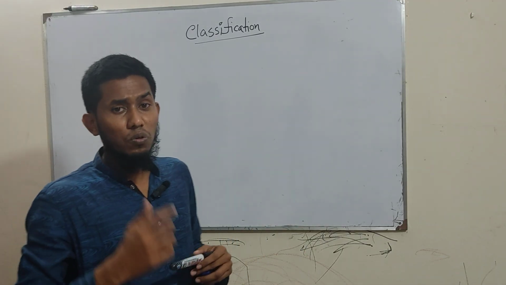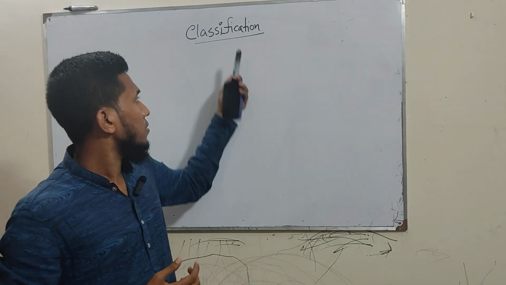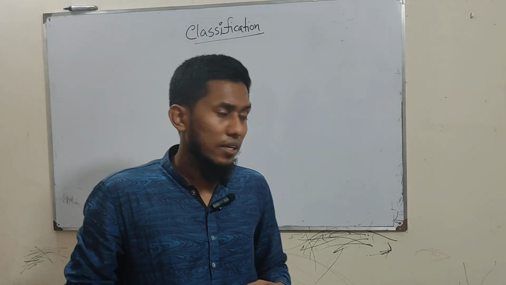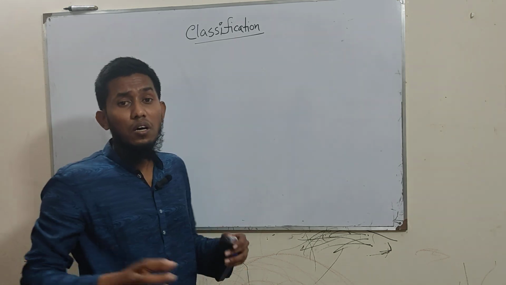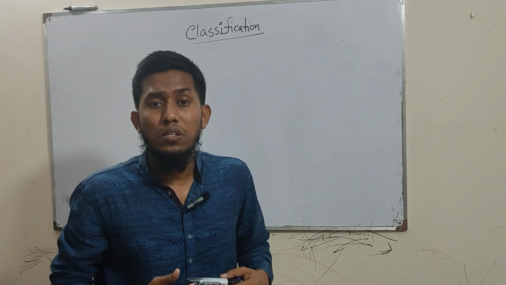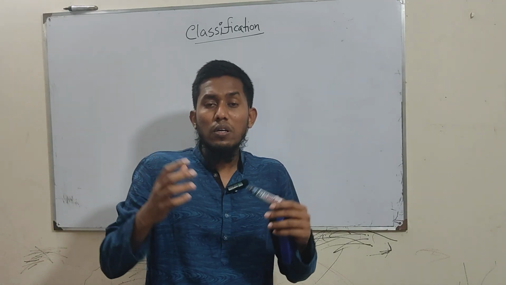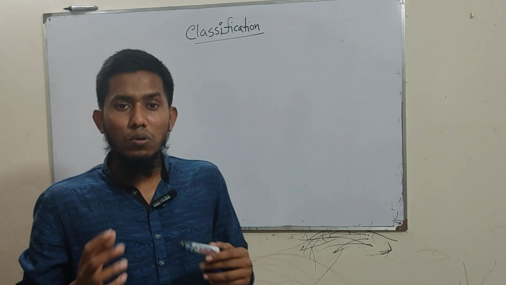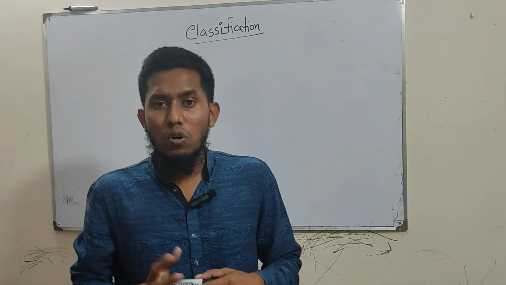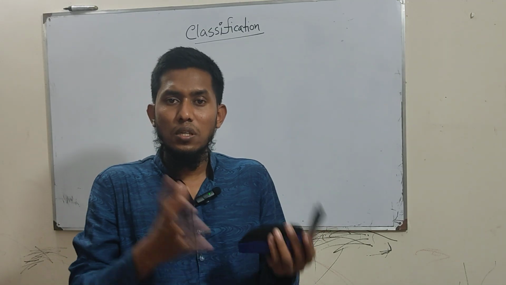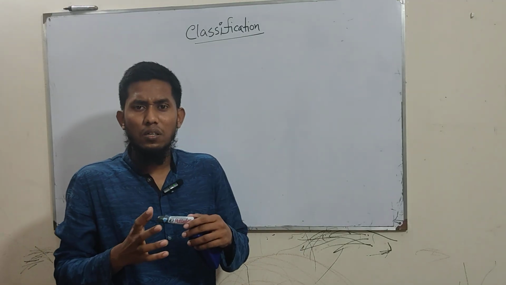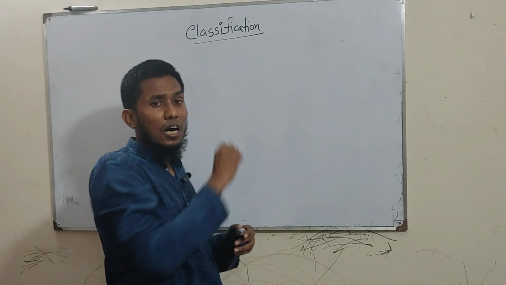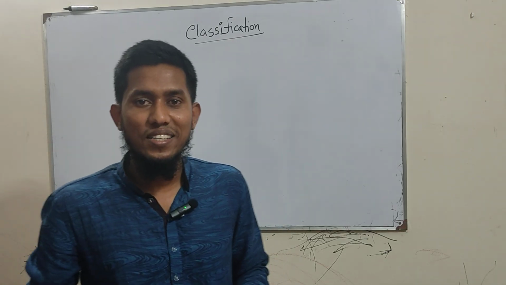You have already studied classification in class 8. So what is classification? Classification is a systematic way through which organisms are classified into several groups. We know there are many types of organisms, smaller or bigger, whatever it is, and they have some similarities and dissimilarities. So classification is done based on the similarities and dissimilarities.